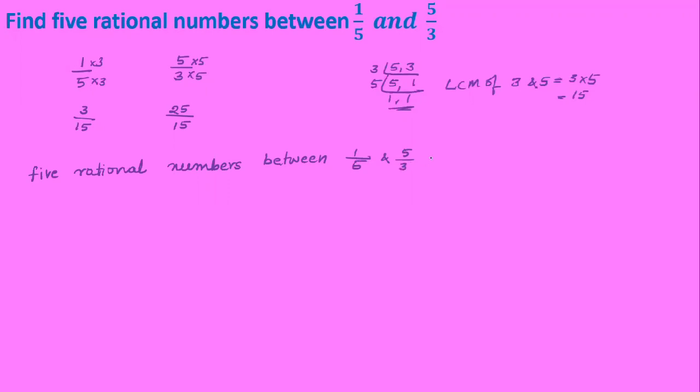So now 5 rational numbers between 1 by 5 and 5 by 3 are 4 by 15, 7 by 15, 10 by 15, 13 by 15, 24 by 15. And you can write so many rational numbers between 1 by 5 and 5 by 3. If you want more, you can multiply by larger number.